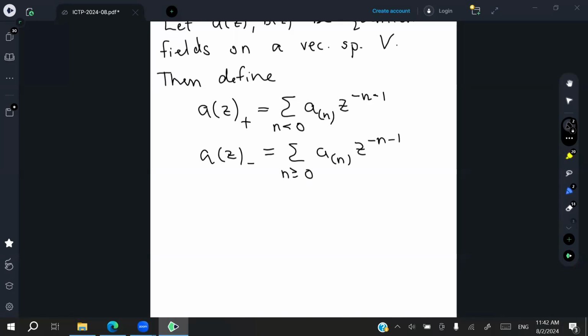But you see, really, this just means we take the positive powers of Z, okay? And A of Z minus is the other part of the quantum field, okay? So A of Z equals A of Z plus A of Z minus.